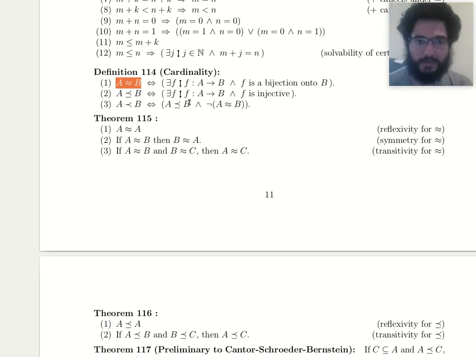Anytime there's a relationship between two things, like this wiggly equals here, you find in math that these properties are referred to a lot, and they're very important: reflexivity, symmetry, and transitivity.